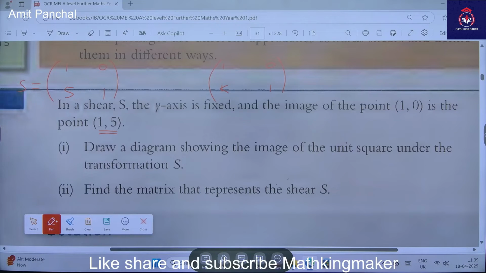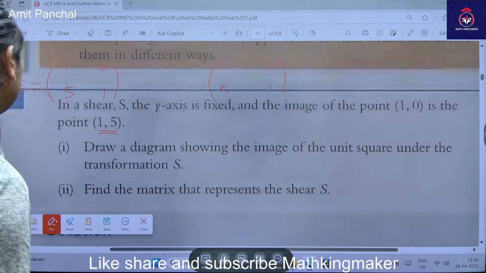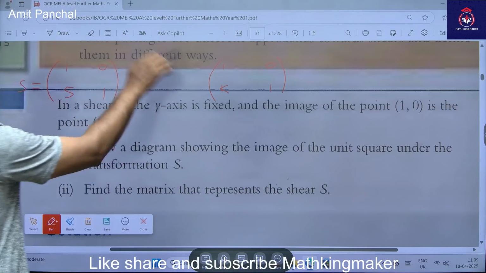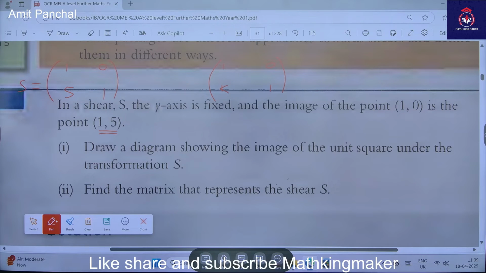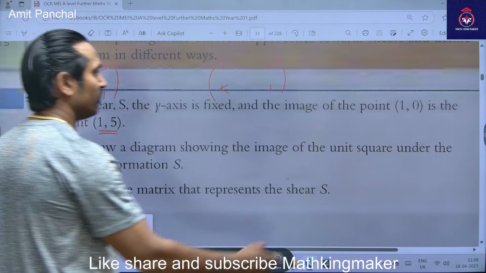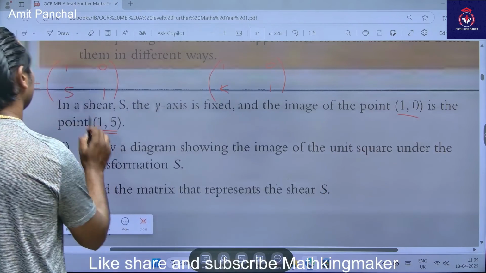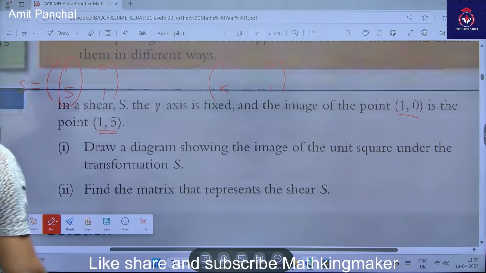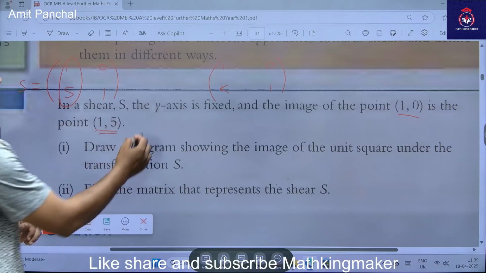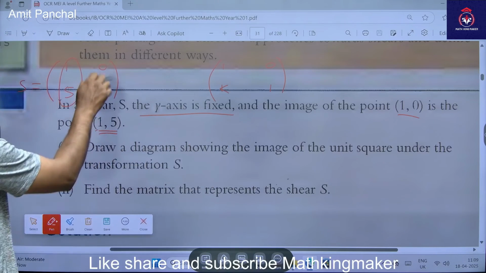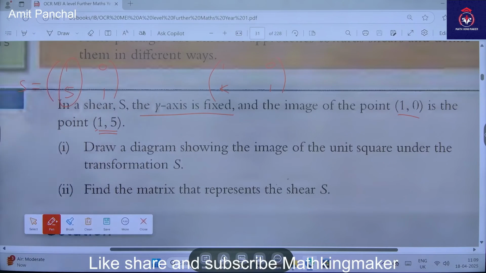Y-axis fixed means all the points on the y-axis remain the same, so (0, 1) will give you the same. (1, 0) is giving you (1, 5), which will be its first column, and since the y-axis is fixed, (0, 1) will give you (0, 1) only.